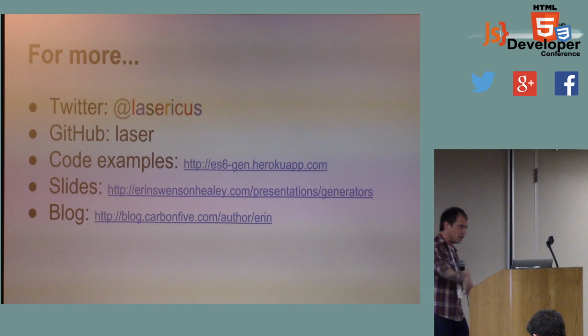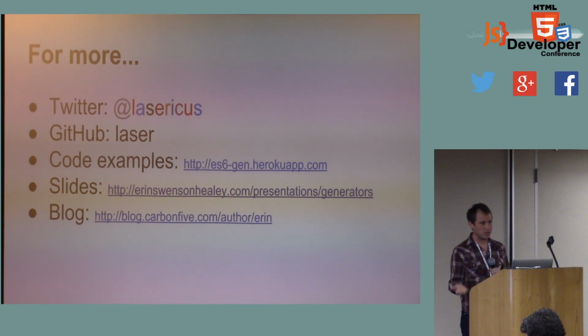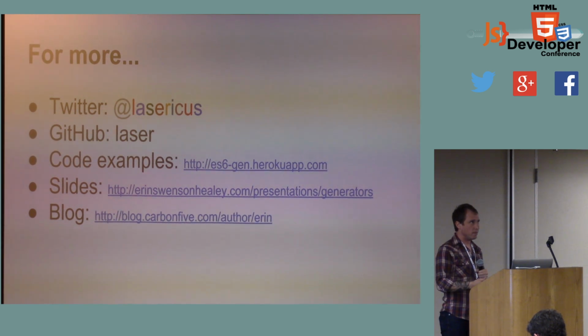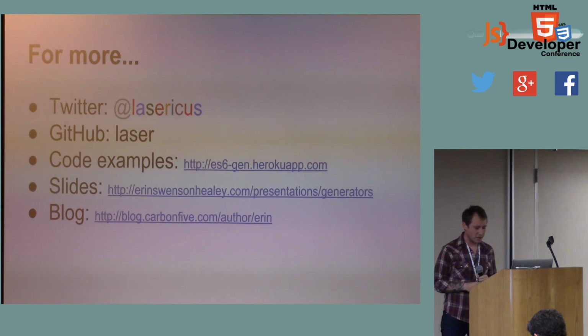JavaScript, the implementation, happens to be this asynchronous programming language, but ECMAScript itself, I don't really know. Practically speaking, we all write asynchronous JavaScript, but I don't think it would have fit into the specification.